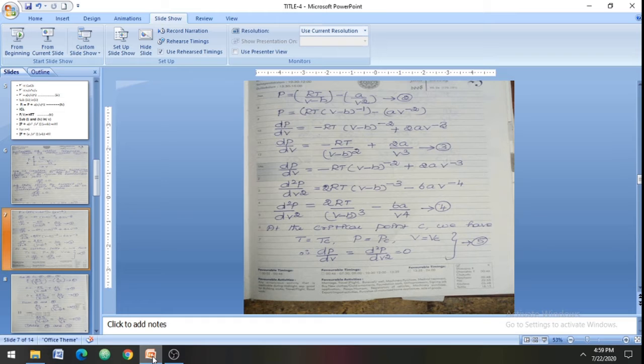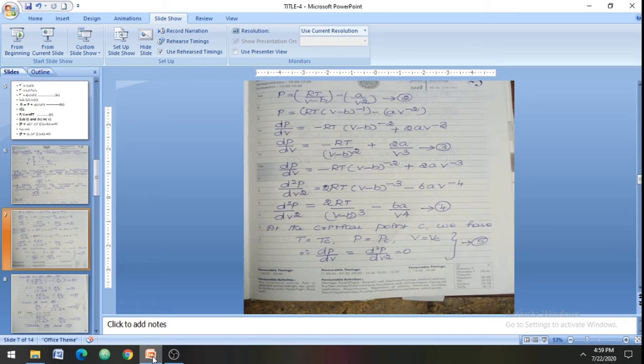So finally we got dP/dV = −RT/(V − b)² + 2a/V³. Is it correct? This is the third expression.